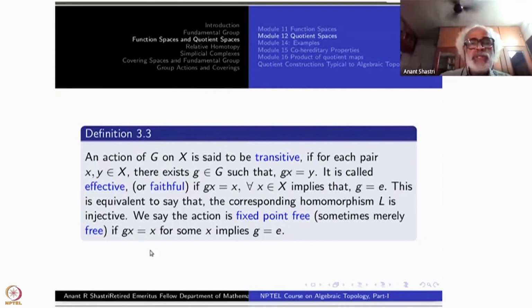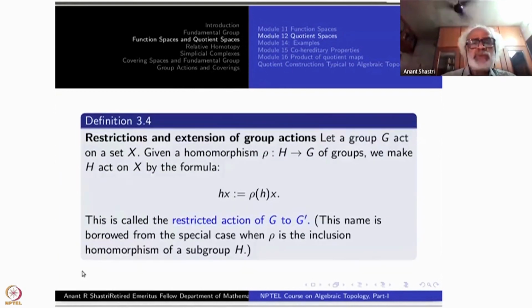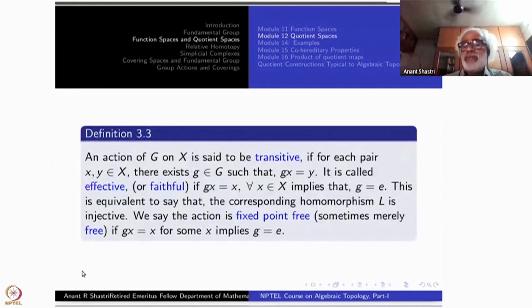Even if it fixes one x, then it must be identity. Identity, of course, fixes everything. So such a thing is called a free action. Some people call fixed point free just free action also. Free doesn't mean that it doesn't cost you anything. It costs very high.